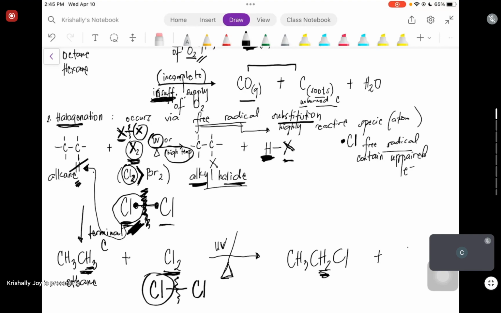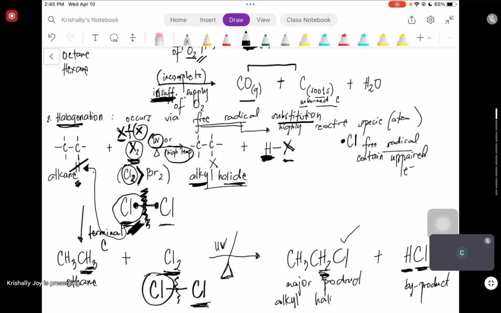Okay? Where did the hydrogen replaced by chlorine go? It's a byproduct. Okay, it's a byproduct. The other halogen goes there with it. Okay? So this is the byproduct and this is the major product. And again, the major product is an alkyl halide, an alkane with a halogen.